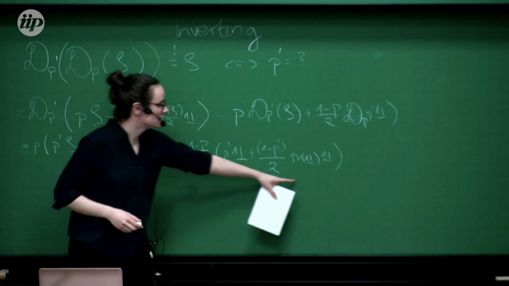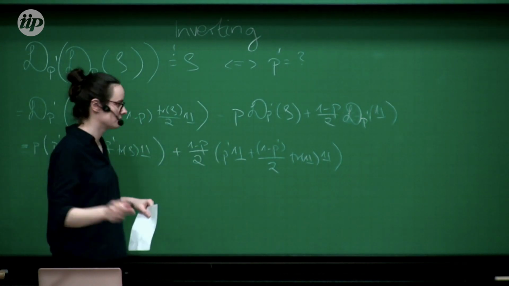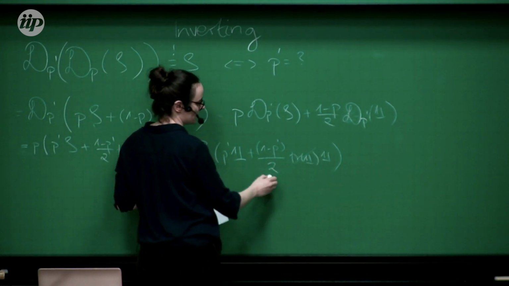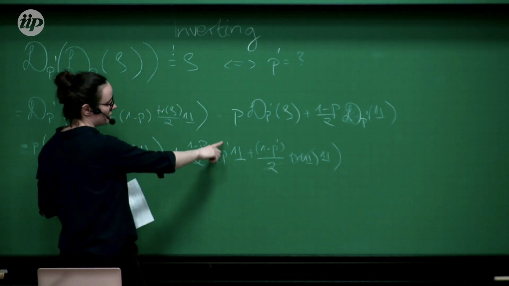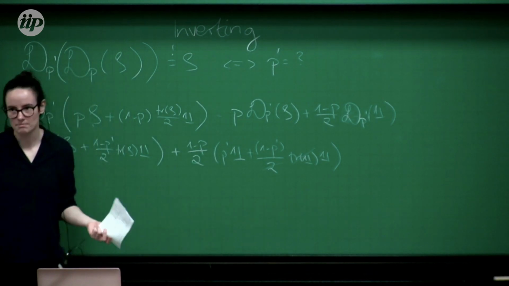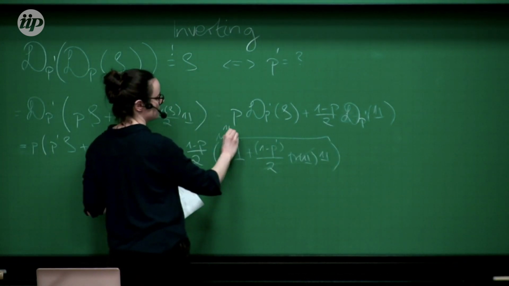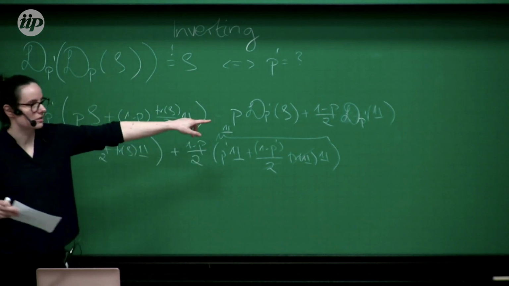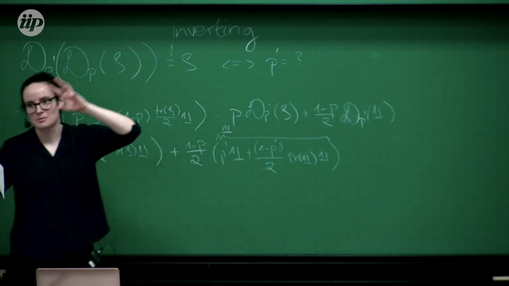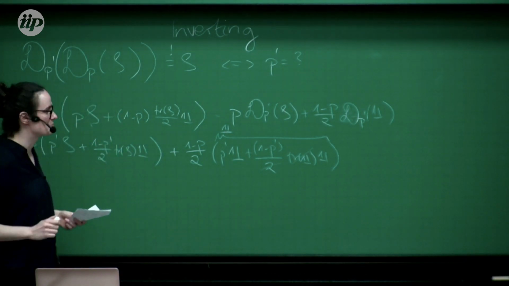And here, with sharp eyes, we already see trace of identity is 2. It's 2. So this will cancel with this. And then we have p prime plus 1 minus p prime, which is 1. So this is actually really just the identity. And that's good because our depolarizing channel maps the maximally mixed state, or the identity, always onto itself. It's a fixed point. It should be. That's good.